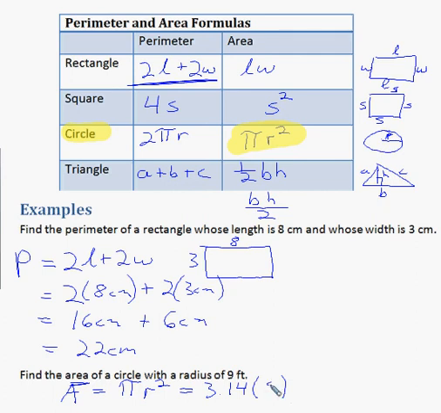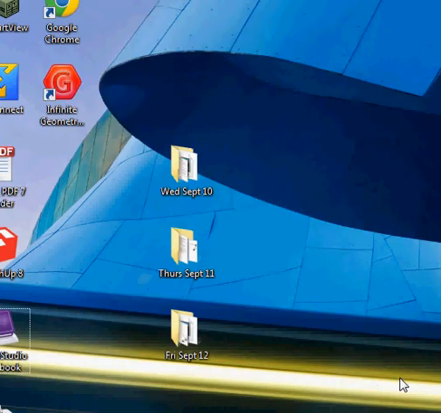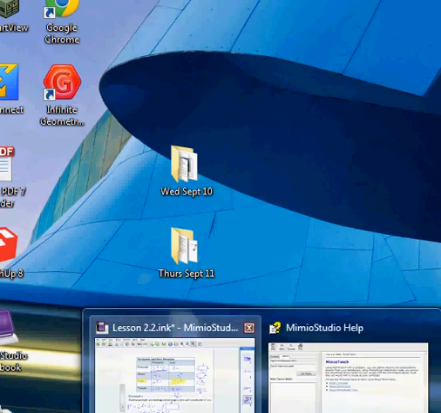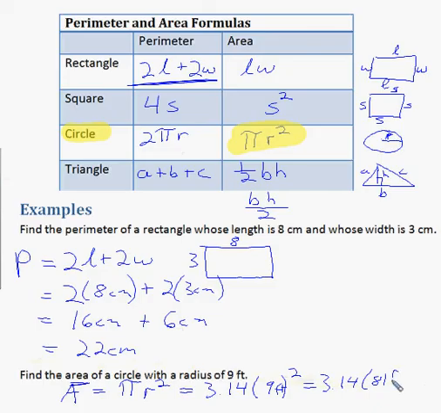We know the radius is 9. So we have 3.14, 9 squared is 81. I should have put the units in there. 9 feet times 9 feet, we have 81 feet squared.